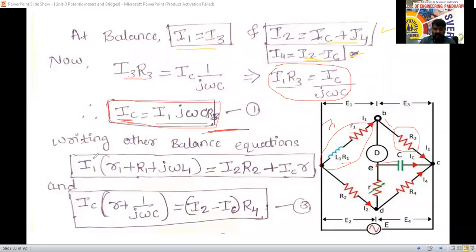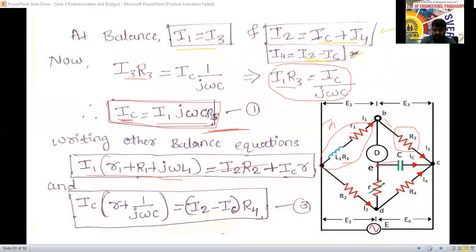So I1 I will write as it is, Z1 equals R1 plus r1 plus j omega L1. Is it correct? I'm asking you people only. Okay.